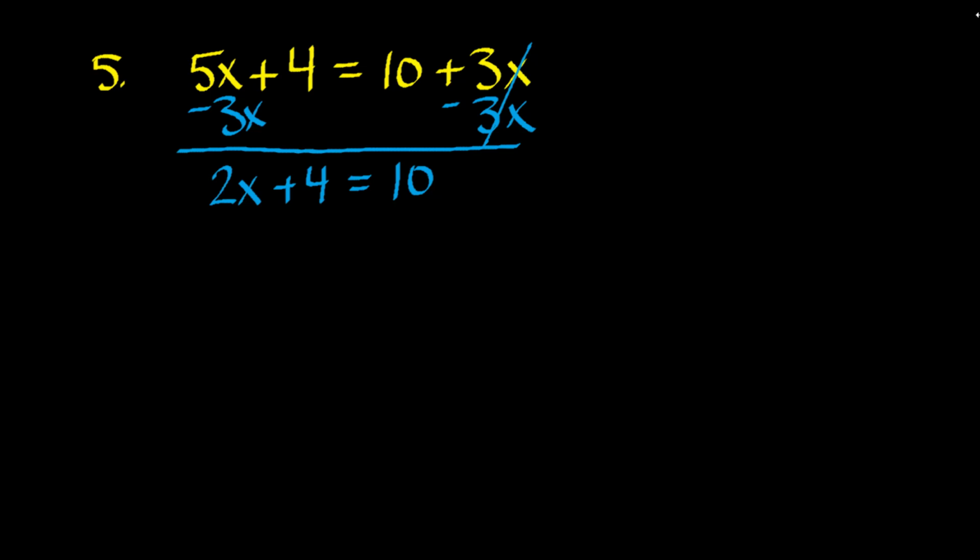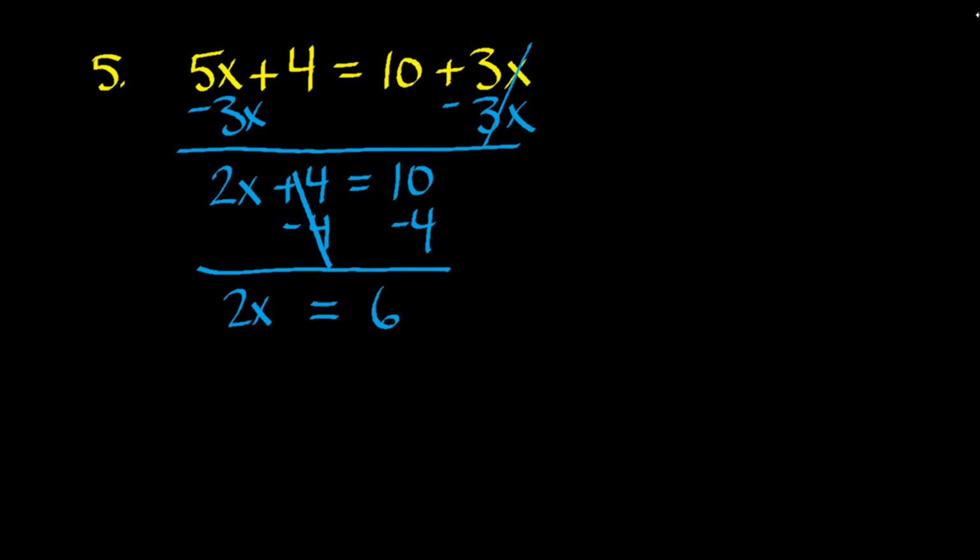So now I'm back to what looks like a two-step equation here. All I need to do is reverse the plus 4 and reverse the multiplication by 2. I'll start by reversing the positive 4 by subtracting 4 from both sides. This gives me 2x plus 4 minus 4 cancels, bring down equals, 10 minus 4 is 6.